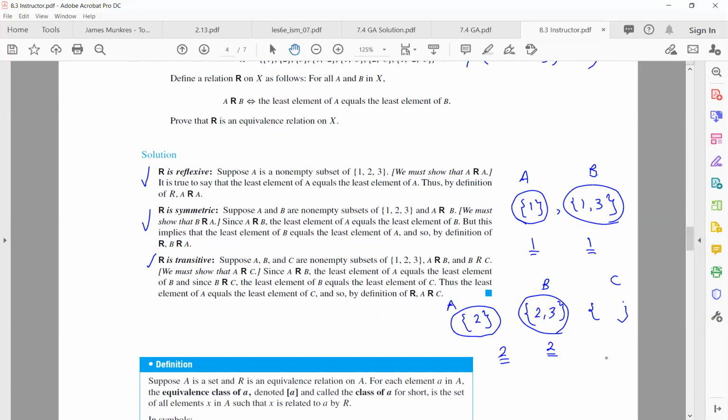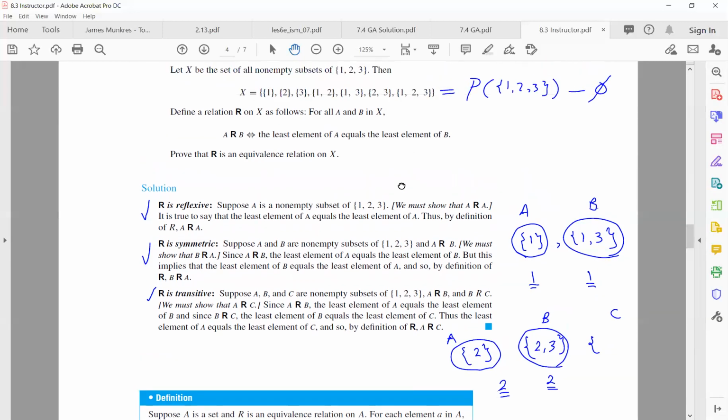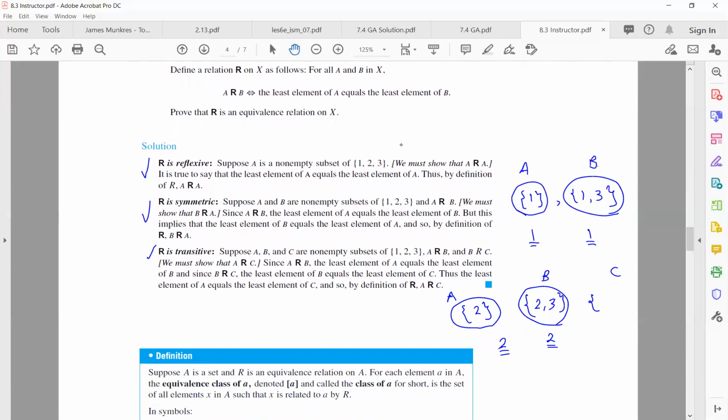We need to change C. So we have a correct set, {1, 2, 3}. Okay, shall we repeat these two? These are just subsets. The least element of C is also 2. So as you can see, the least element of A is the same as the least element of C.